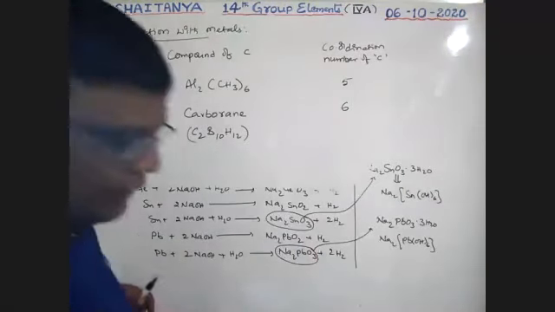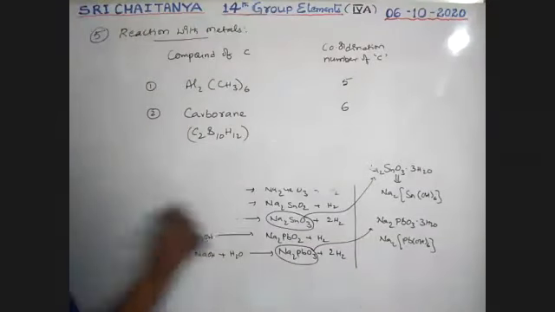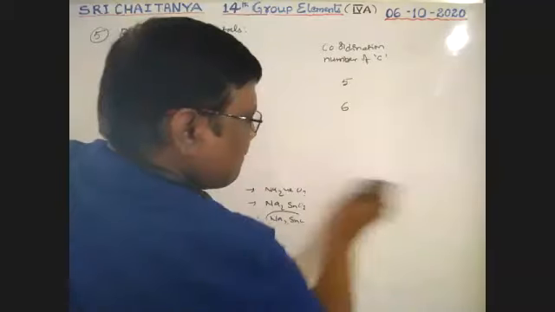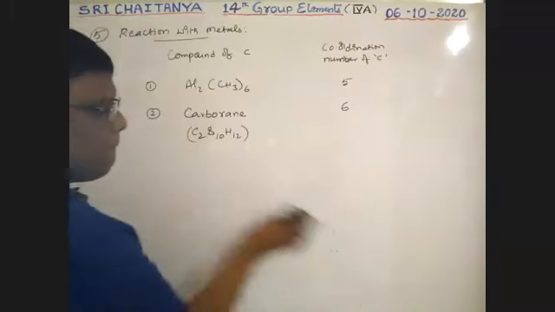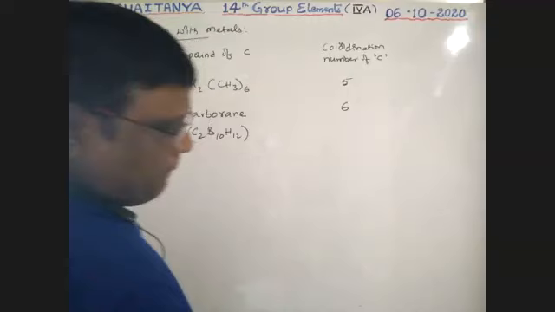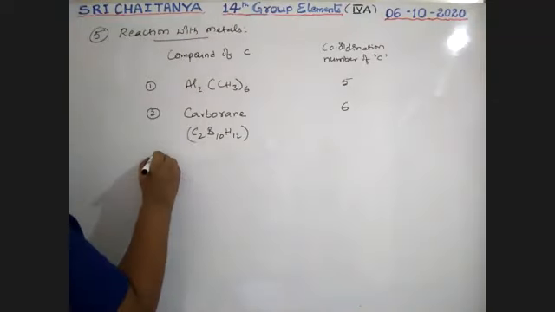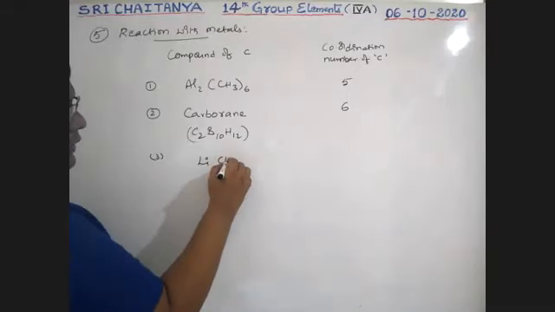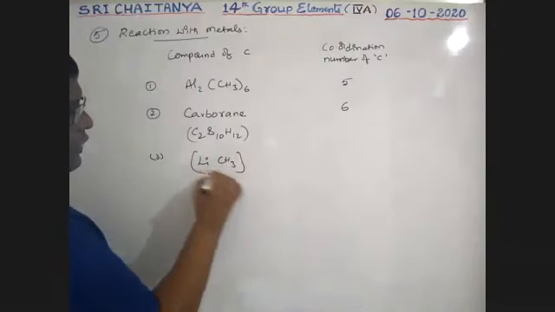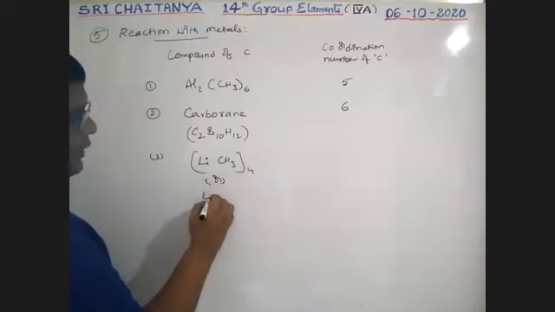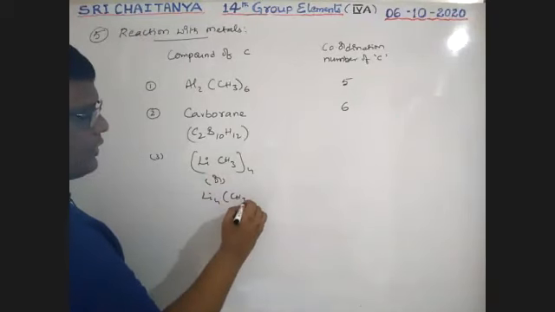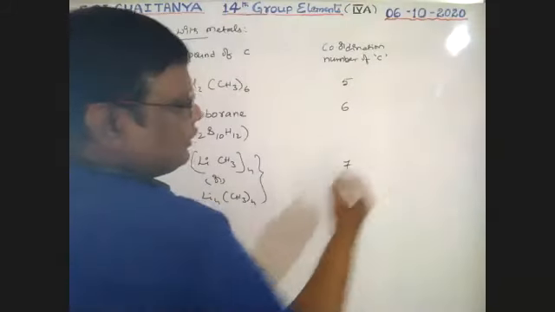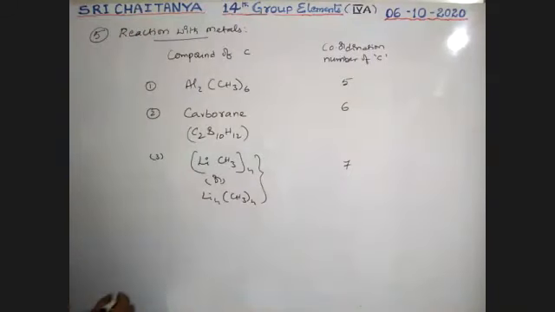Next one is a lithium compound, LiCH3 four times, or sometimes written as (LiCH3)4. So here the coordination number of carbon is 7.